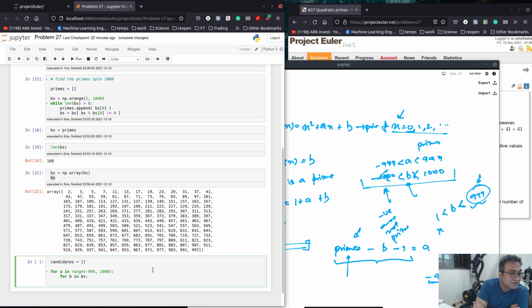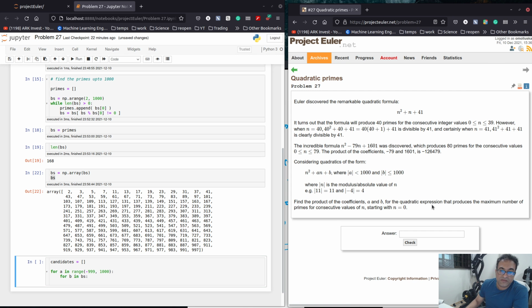I think we probably need a larger set of primes for this. I believe we need a larger set of primes. Let's take a look. This starts with 41 and then it keeps on going.